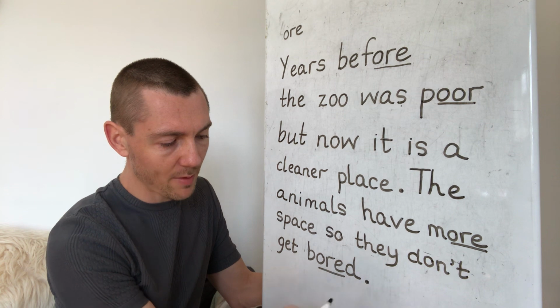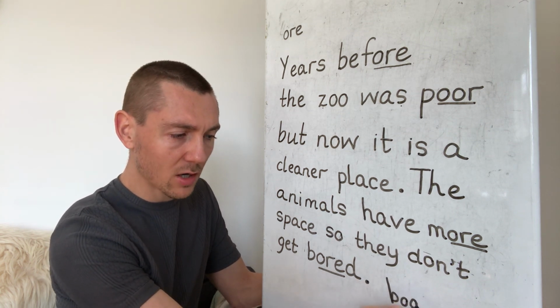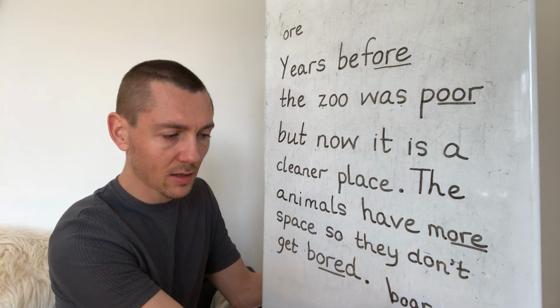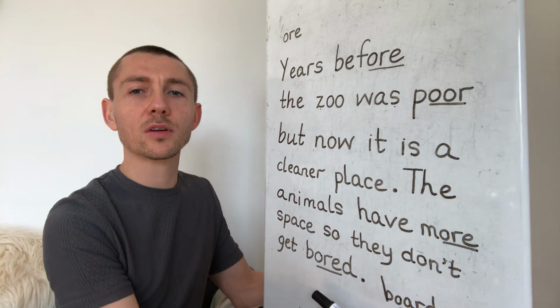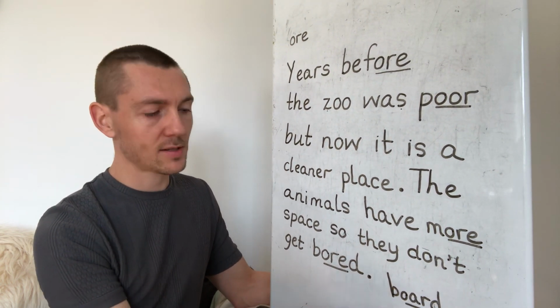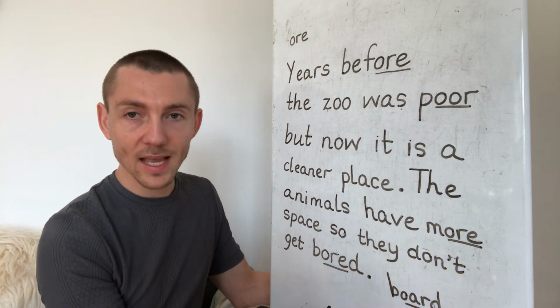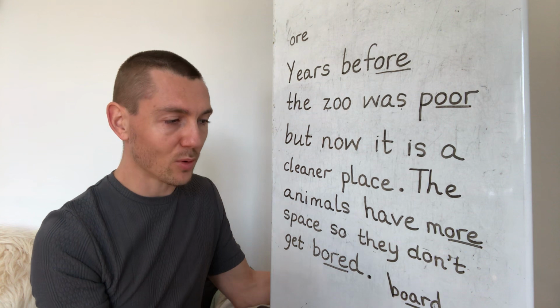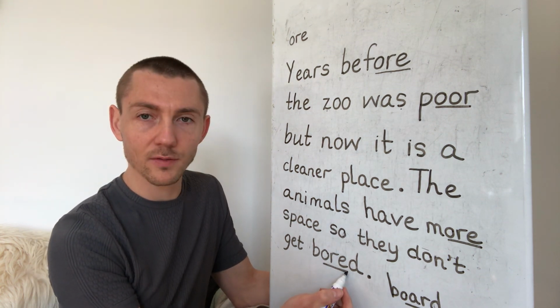Bored. Stop. Remember that this spelling of bored with an O-A-R spelling means a board, you know, a piece of cardboard or a board game and so on. If you can see that there, B-O-A-R-D. But to get bored, to be bored, is B with the O-R-E spelling of D.